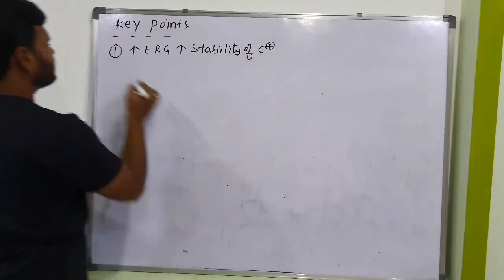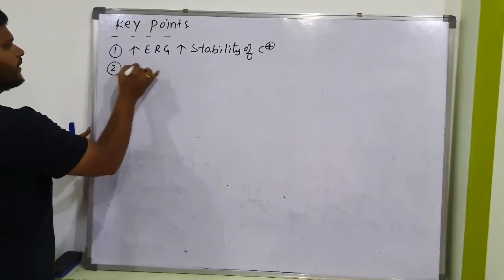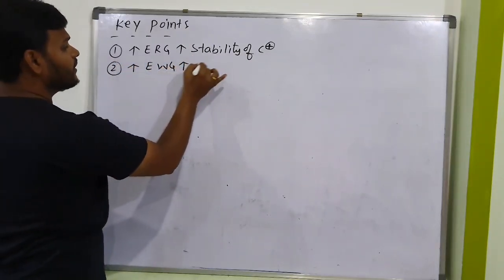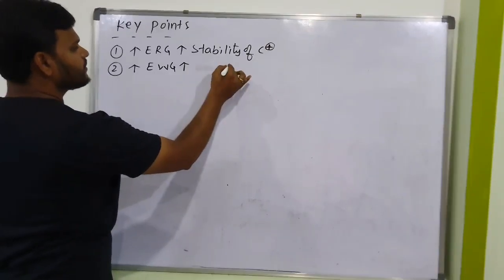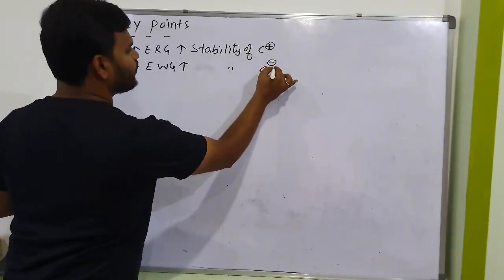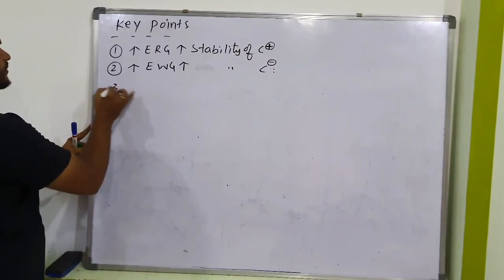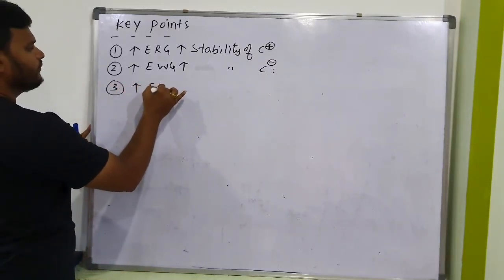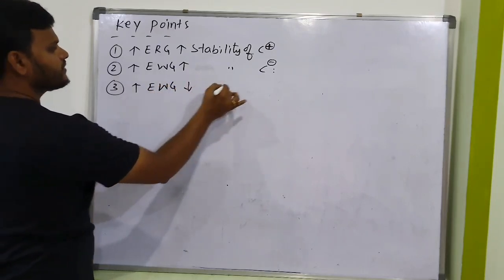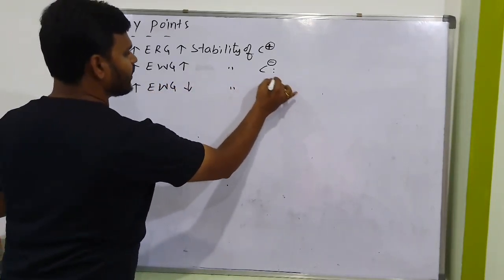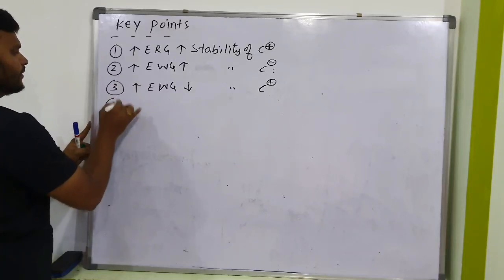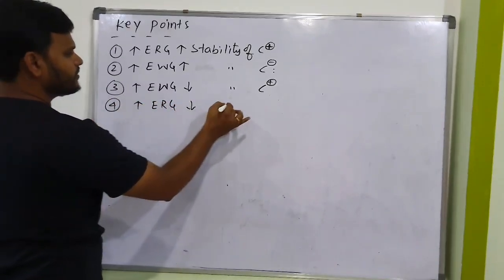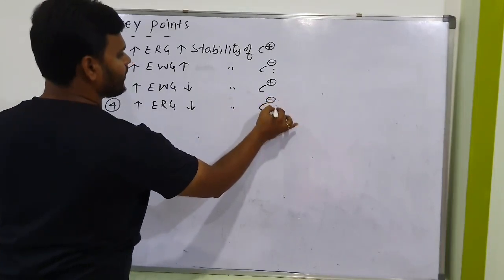Next, second point, increase the electron withdrawing group, increase the stability of carbanion. Next, number 3, increase the electron withdrawing group, decrease the stability of carbocation. Next, increase the electron releasing group, decrease the stability of carbanion.